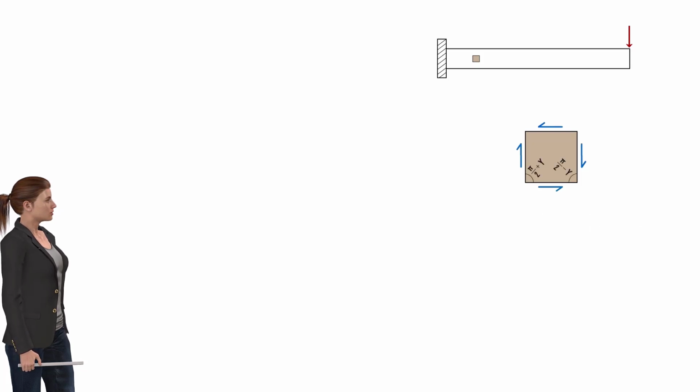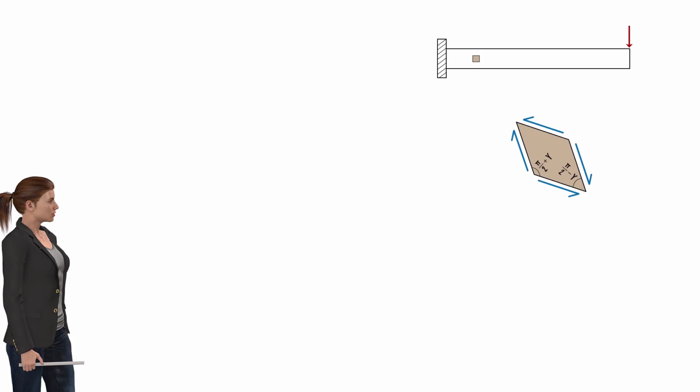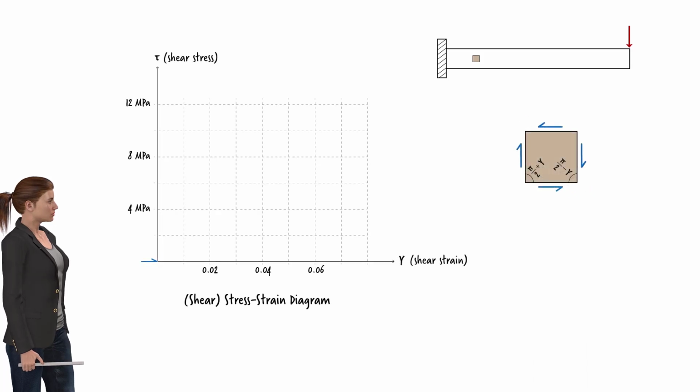As we increase the magnitude of the applied load, the shear stress increases, causing an increase in the shear strain being experienced by the element. We can draw the stress-strain diagram to visualize the relationship between the shear stress and the shear strain. The diagram can be constructed by measuring the strain and calculating the stress at each load increment, then graphing strain versus stress as follows.